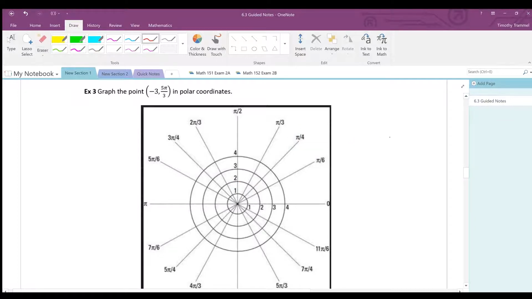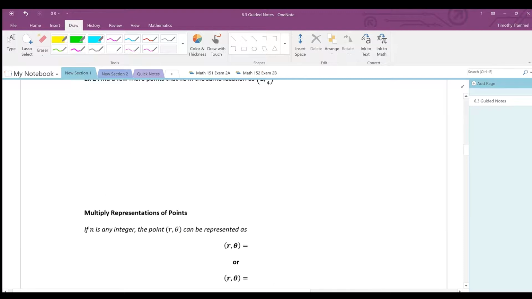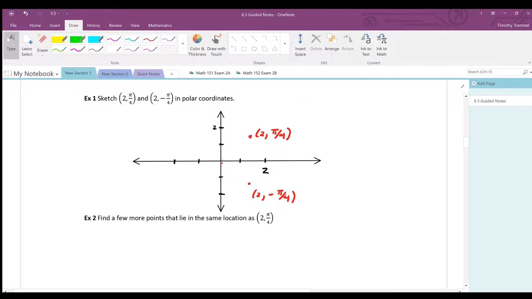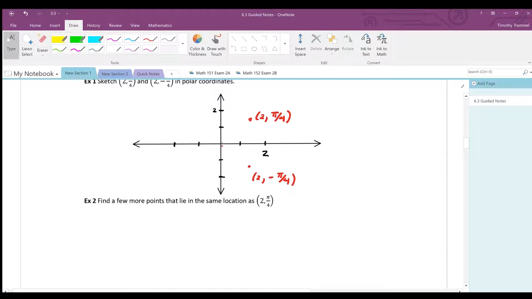Let's go back up. There's one more concept that we want to get from this example and example 2 kind of combined here. So this says find a few more points that lie in the same location as (2, pi over 4).